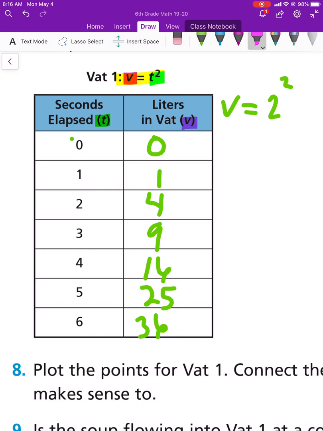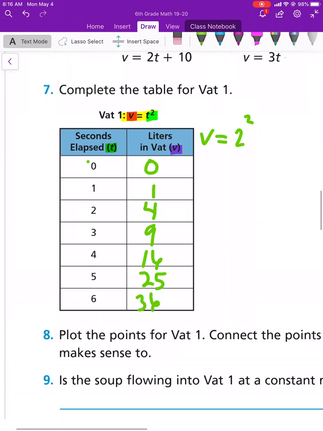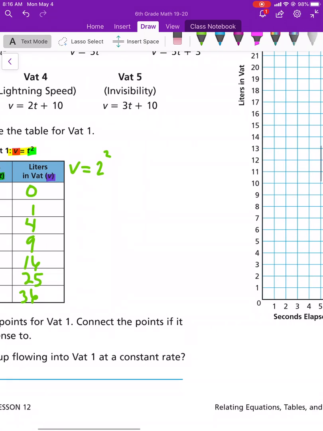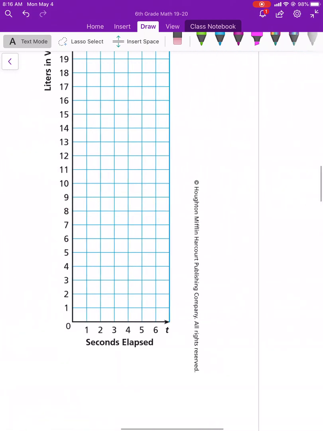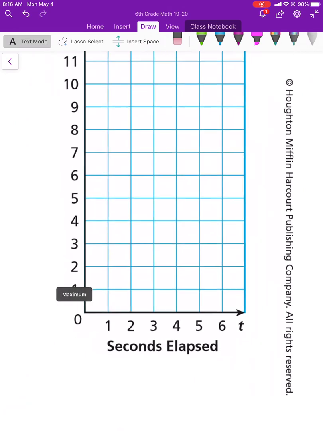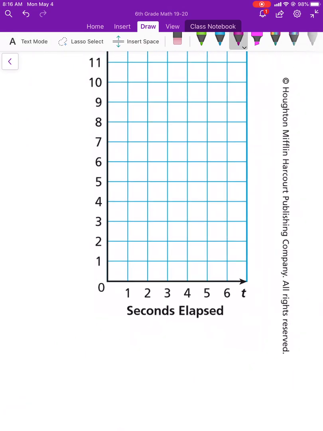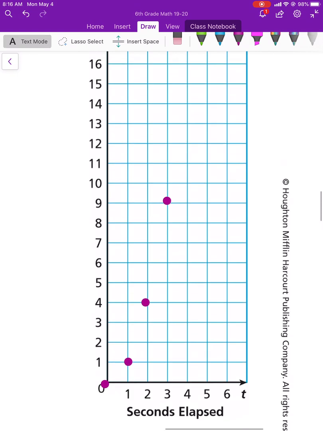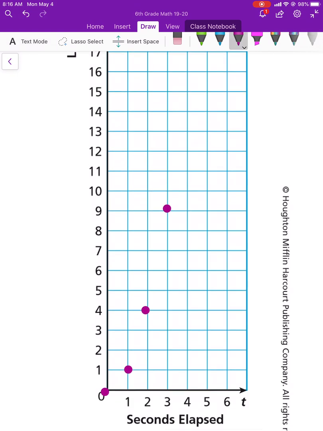That didn't work. Well, those are supposed to be the same colors. Okay. So now I can plug those in over here on the graph, right? So I start over here at 0, and then I had 1, 1, and then I had 2, 4, and then I had 3, 9, and then I had 4, 16, so I'm just coming over 1 and going up 16, whoops.